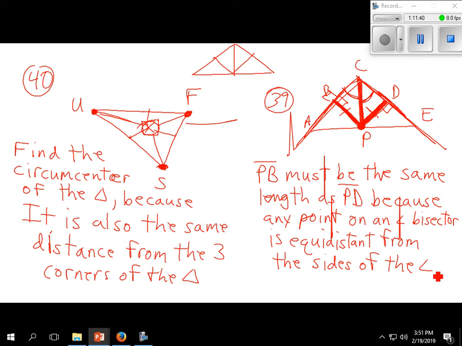Ignore all those stray marks. Any point on the angle bisector has to be the same distance from the two sides of the angle.